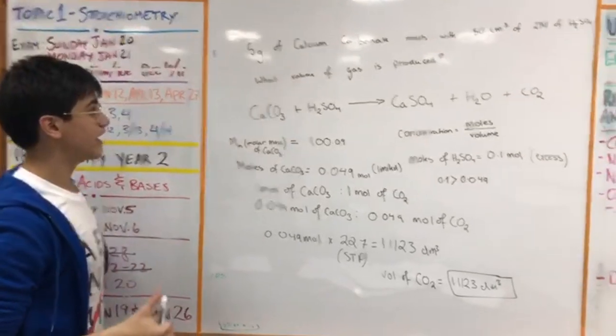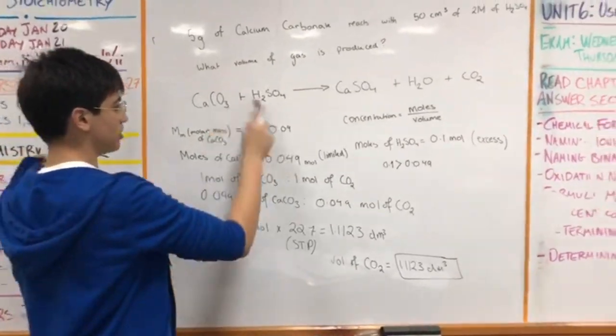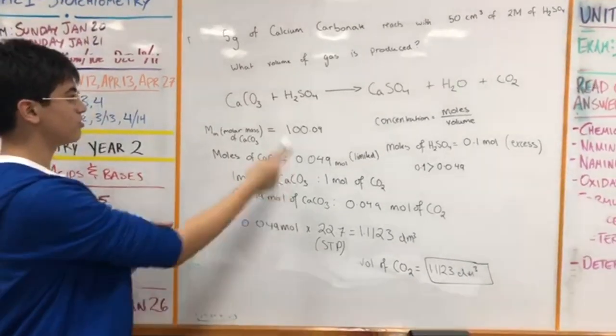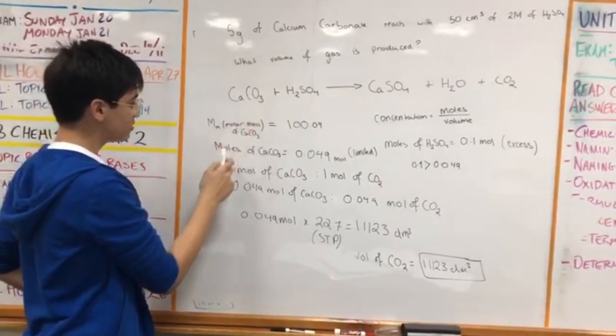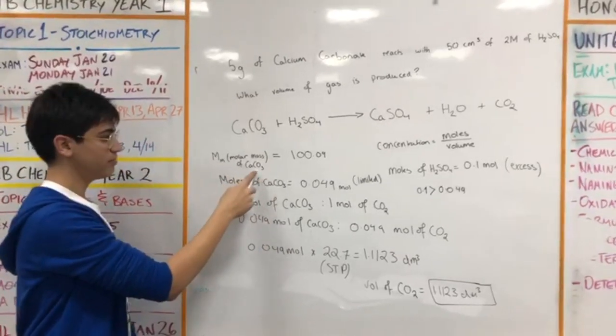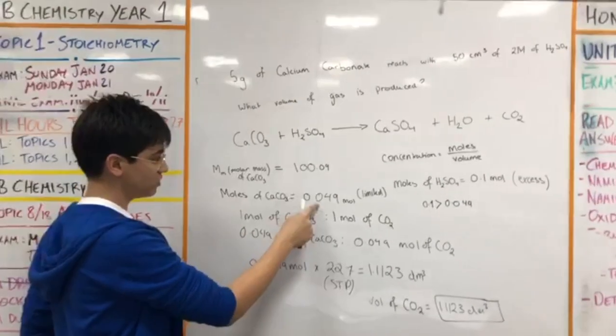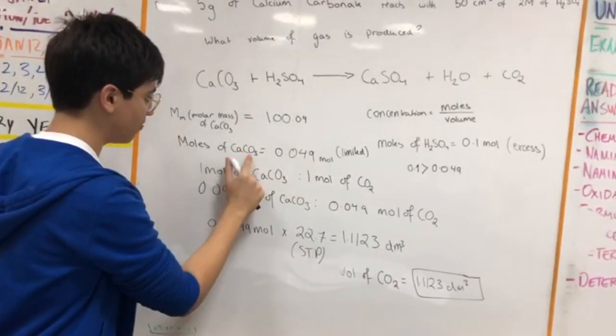Next, you need to work out which reactant is in excess. So let's work out the moles of calcium carbonate. You divide the mass by its molar mass, which is 100.09, and that gives you 0.049 moles of calcium carbonate.